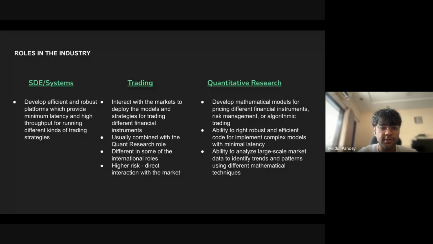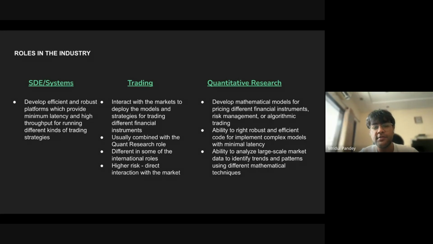Basically, three types of roles come within these quant firms. It includes quantitative research, which is about trying out strategies and signals in the market: when to trade, when not to trade, and how much to trade. Then there is quantitative trading, which involves the actual trading and deployment.